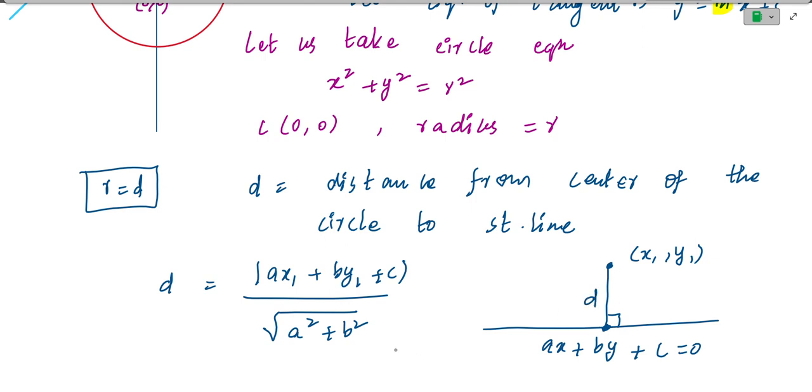That is nothing but d. In the expression representing the straight line equation, we substitute the x coordinate and y coordinate values of the point in place of x and y, divided by under root of x coefficient square plus y coefficient square. I am going to apply the same thing here.